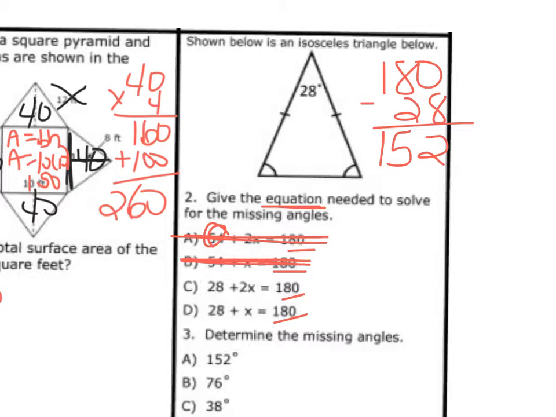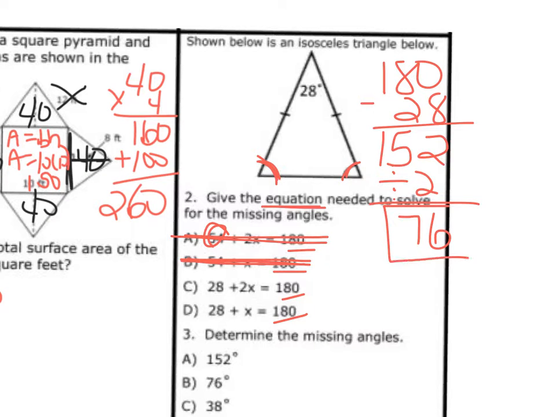So then we have 28 plus 2x equals 180. And then 28 plus x equals 180. So in order for me to get the measurements for those two angles, what do I have to do? Divide by 2, right? So if I divide by 2, that's going to give us 76.